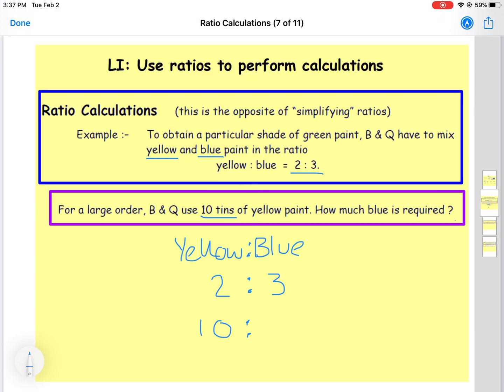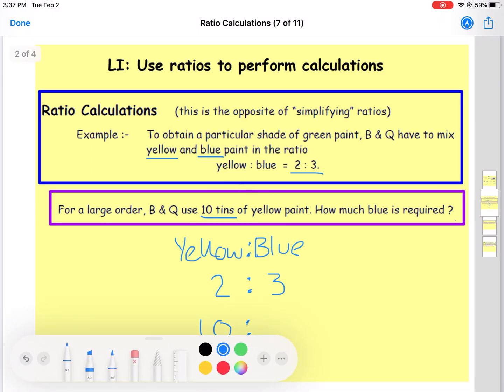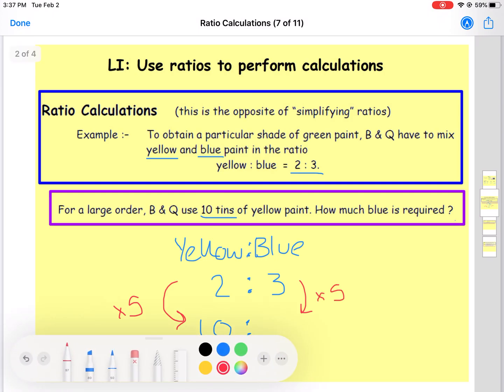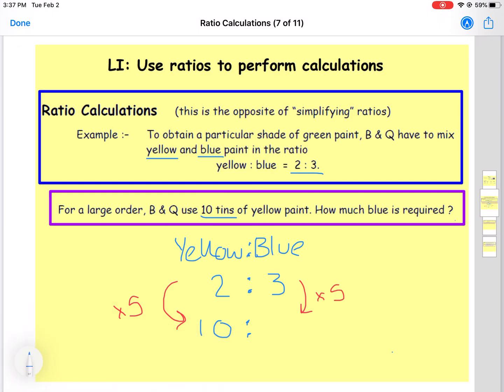In this case, that is what we do with our ratio. We have here multiplied the 2 by 5 to get up to 10. So we then must do the same on the other side of this ratio to make the number 15.